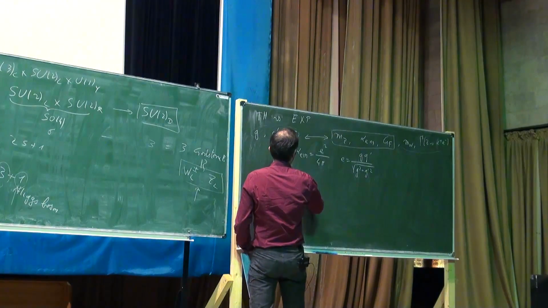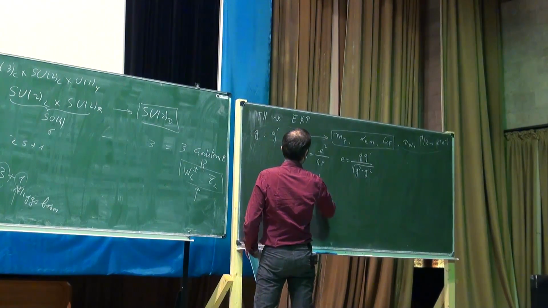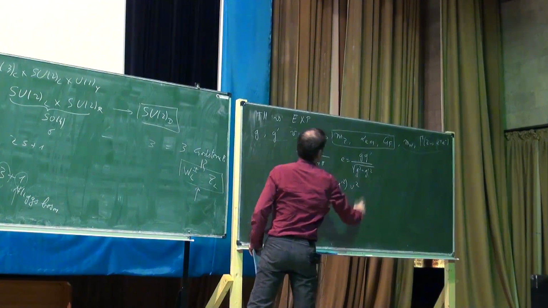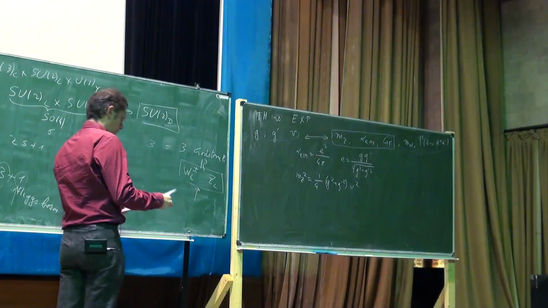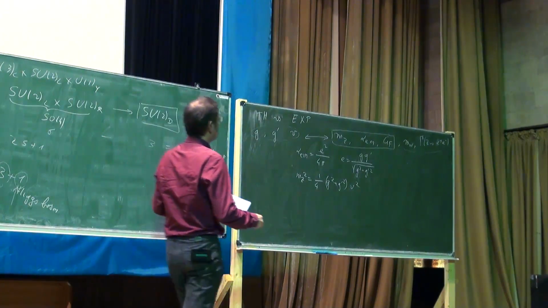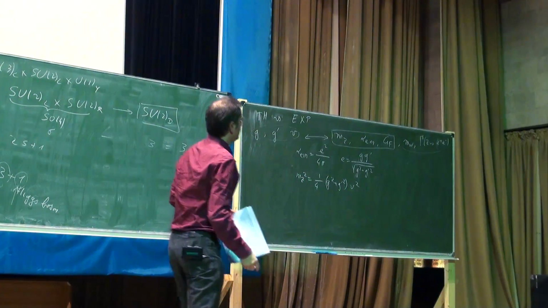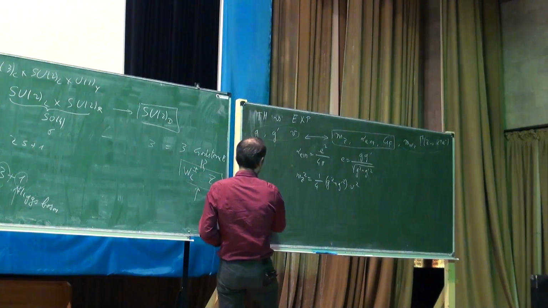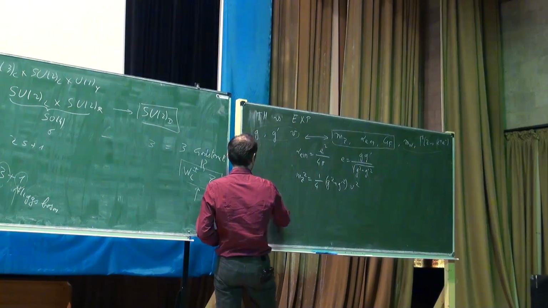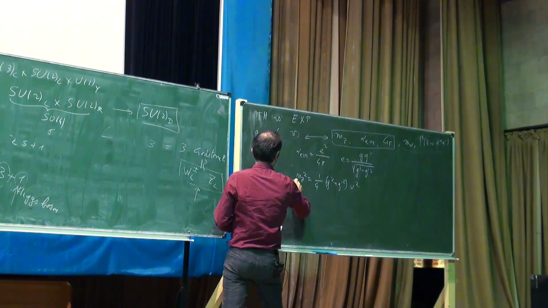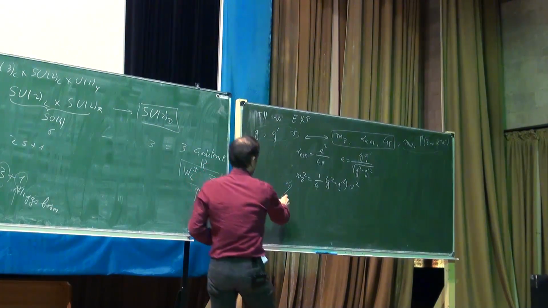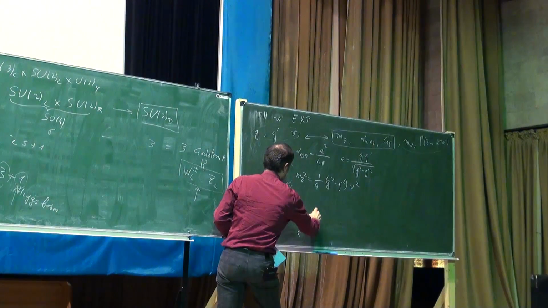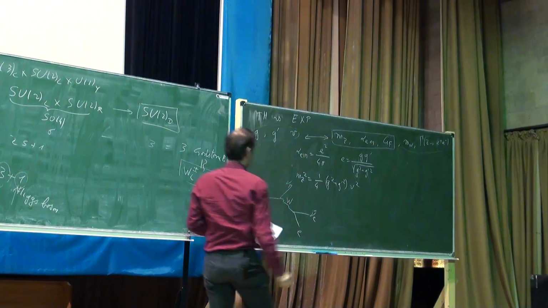What about mZ? mZ squared, we have seen yesterday, is 1/4 (g squared plus g' squared) times v squared. The last one is a little bit more complicated: G Fermi, which is defined by the muon lifetime. And the muon lifetime, you can compute it here, and it's simply a muon decaying into the muon neutrino, then there is an emission of a W, and then this W gives you an electron and an electron anti-neutrino.